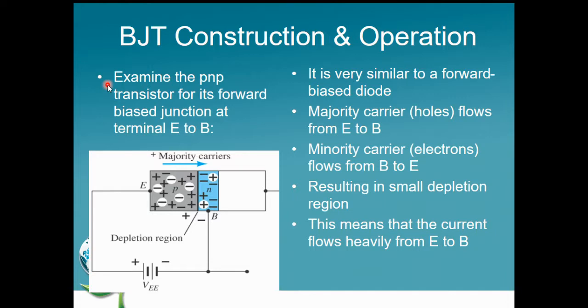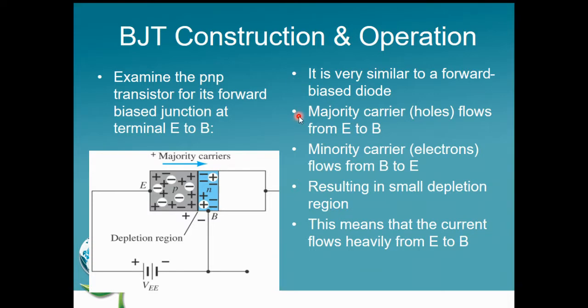Examine the PNP transistor for its forward bias junction at terminal E to B. In this figure, you see the terminal E is connected to the positive VEE and the terminal B is connected to negative VEE. This one is very similar to a forward bias diode.